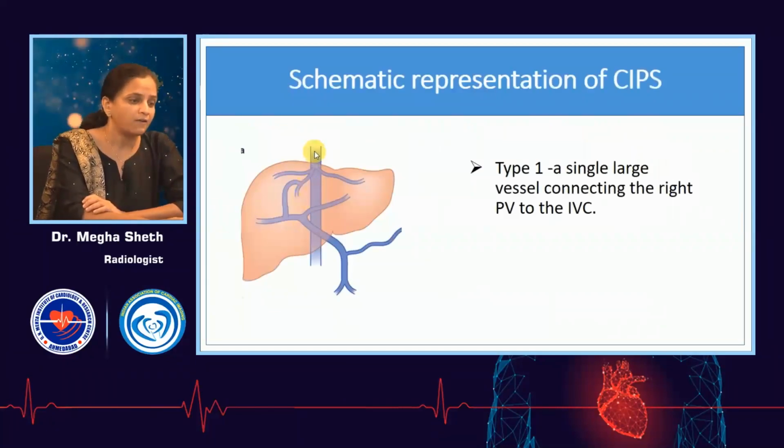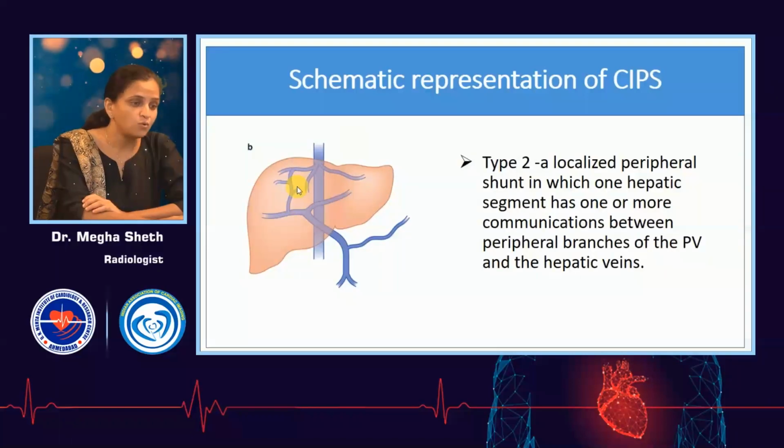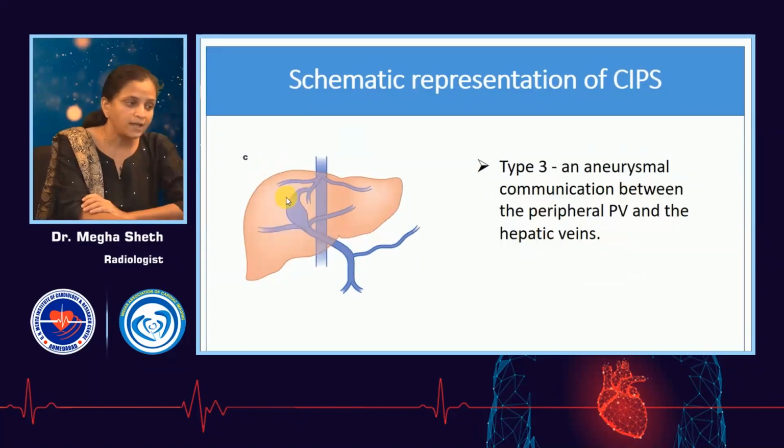In type 1 intrahepatic portosystemic shunt, there is a single communication between a branch of the portal vein and a branch of the hepatic vein. In type 2, there are one or more communications between the hepatic vein and the peripheral branches of the portal vein. When such a communication is aneurysmally dilated, it becomes type 3.